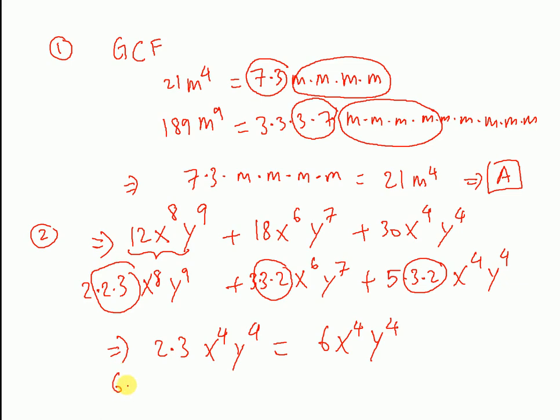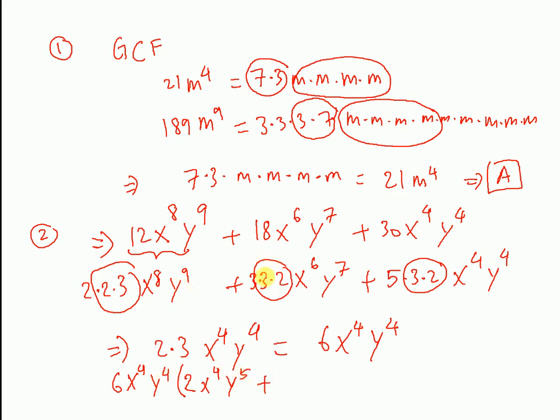So I take out 6x to the 4 y to the 4. The first term, when I take out 6x to the 4 y to the 4, I have 2 left, and then I have x to the 4 left. I have y to the 5 left because I take out 4 and the total is 9.